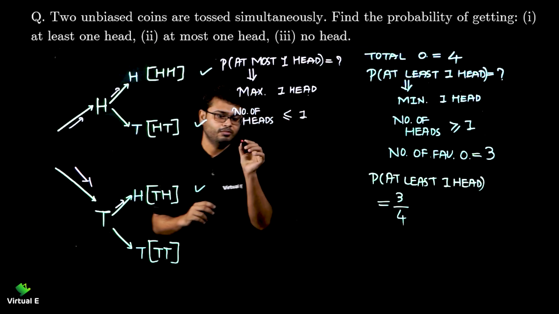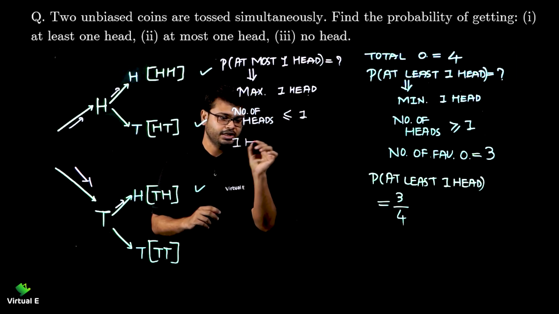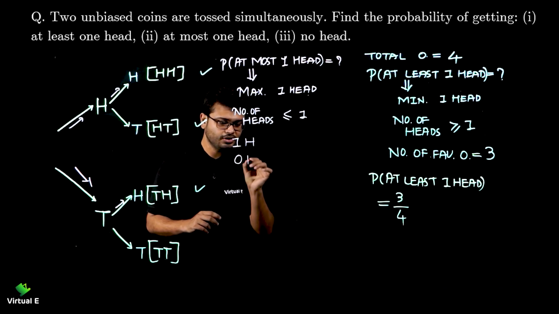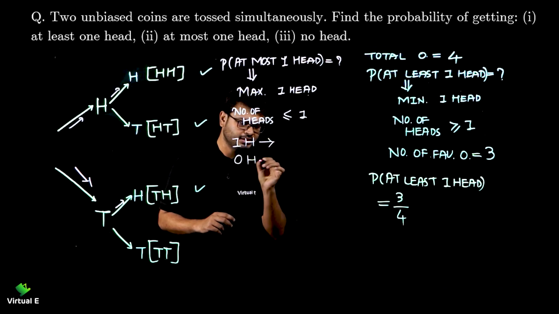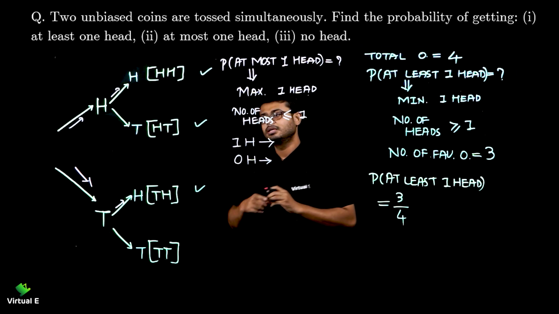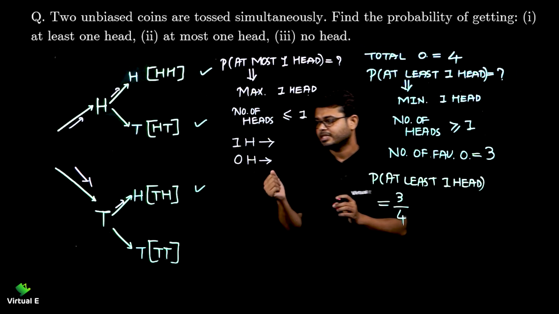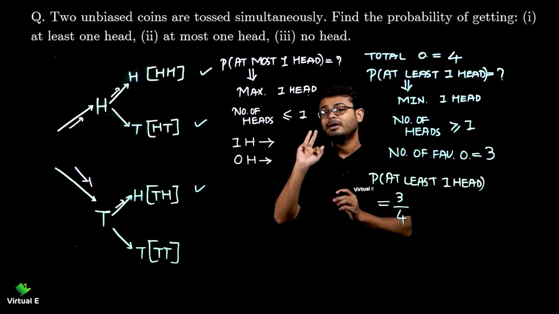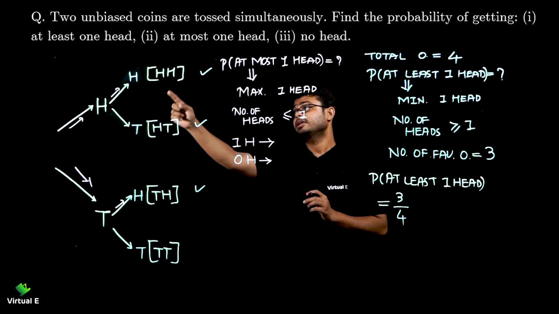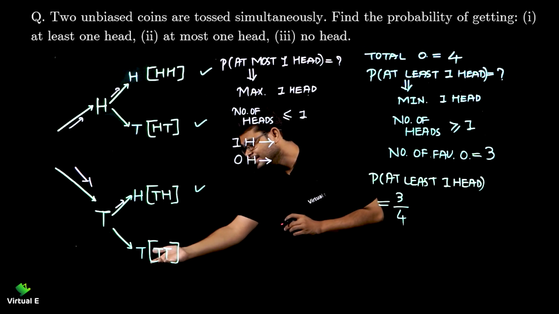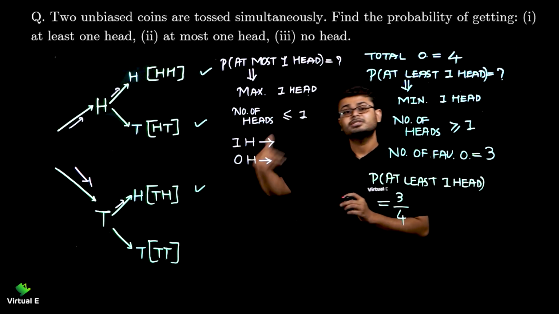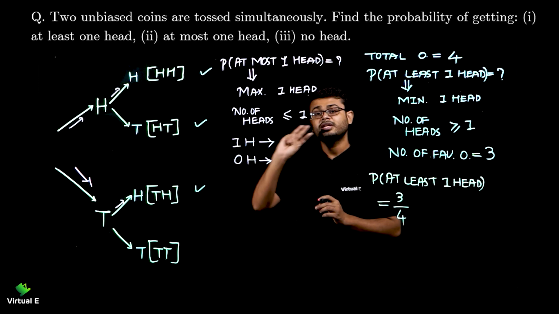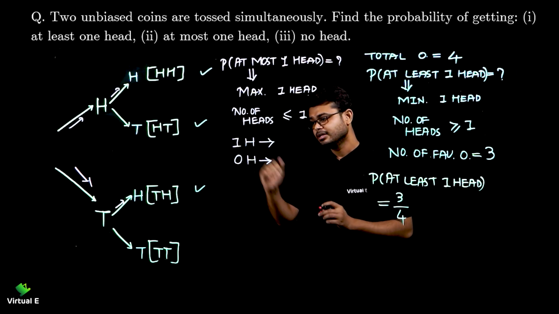So let's write the 1 head outcomes and the 0 head outcome. Remember, less than 1, right? Let's talk about the possibilities. Either you don't have a head, or you have 1 head, or you have 2 heads, right? 2 heads here, 1 head here, and this is the case where there is no head at all. So 3 possibilities are there regarding the head.